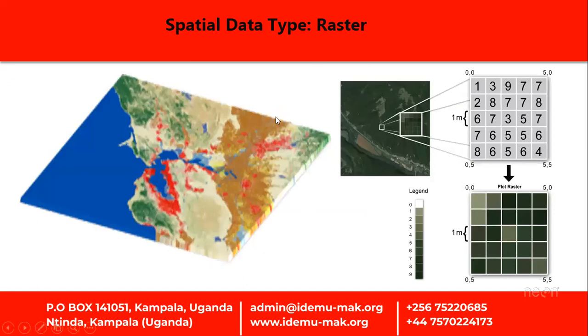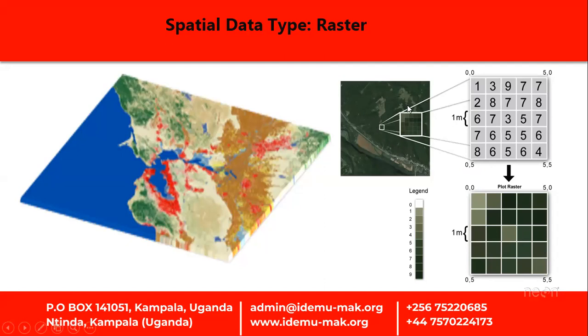So this is how the raster data type looks. When you look at Google Earth, it will show you a picture like this or a picture like this, and all these pictures signify something behind them.